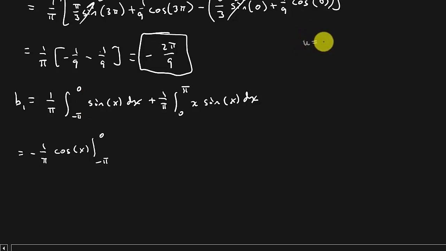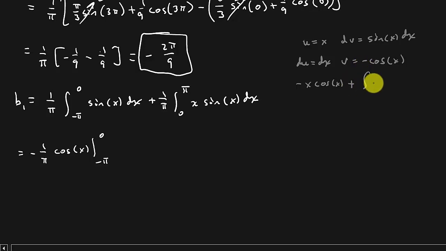We're going to let u equal x, dv equal sine x dx. So du is equal to dx. V is negative cosine x. And so this is going to be -x cosine x minus, but the negative here is going to make it a positive, and that's going to be cosine x dx.